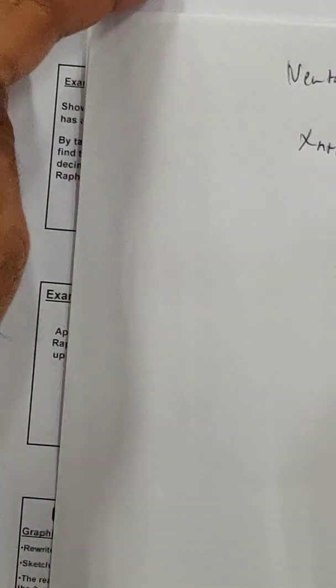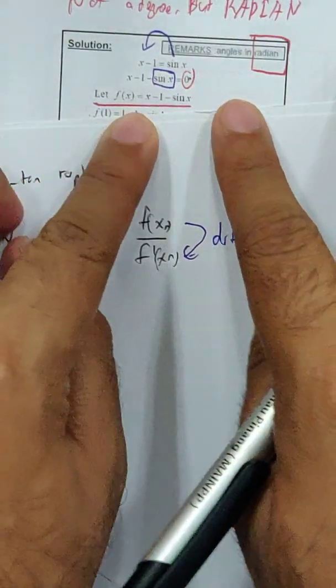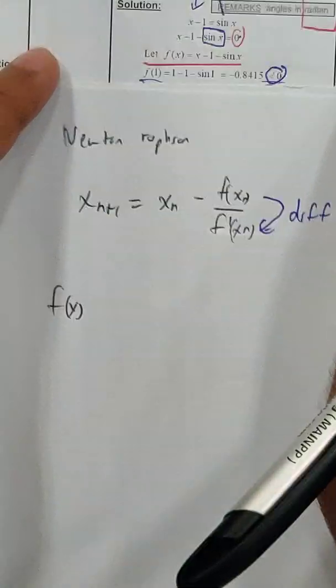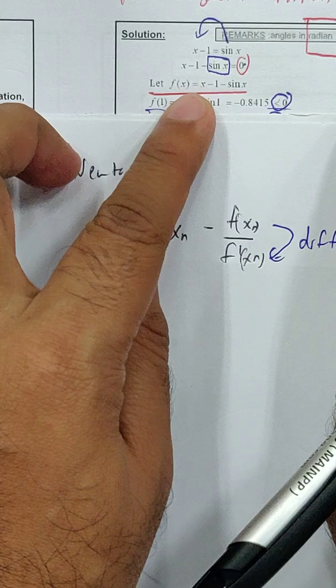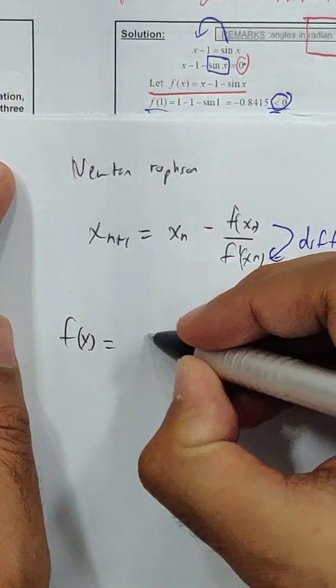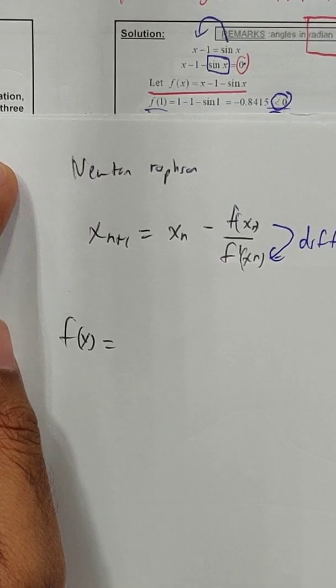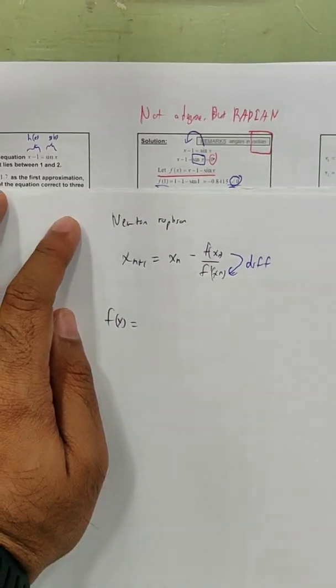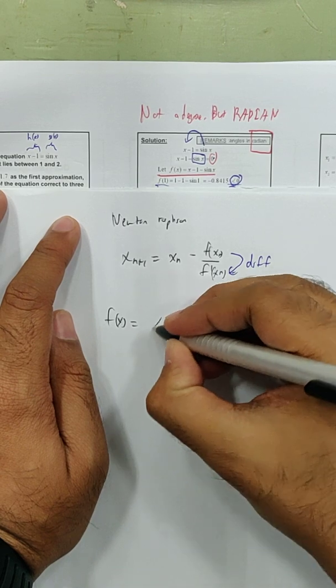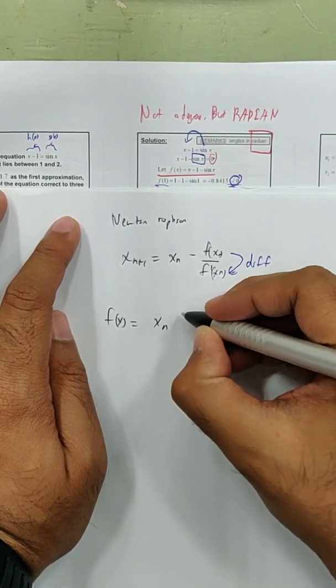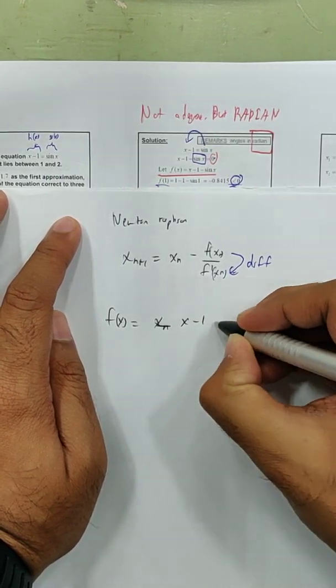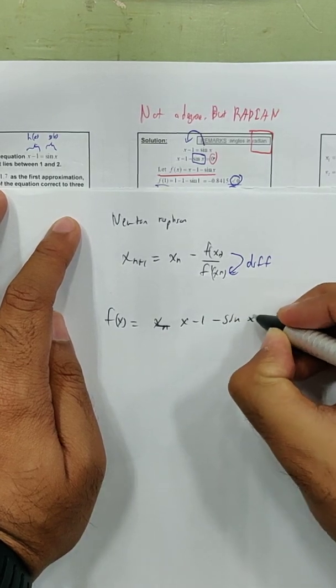Maybe I can write it down a bit. What's our fx again? It's from what we have discussed here. We have declared fx as x minus 1 minus sine x.